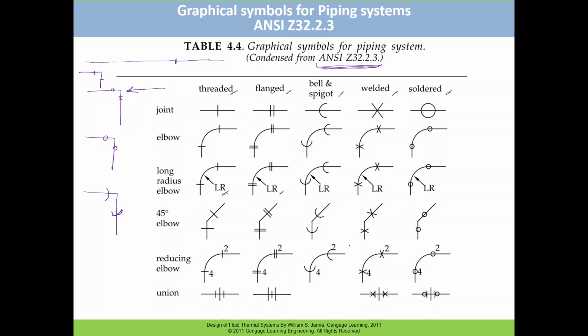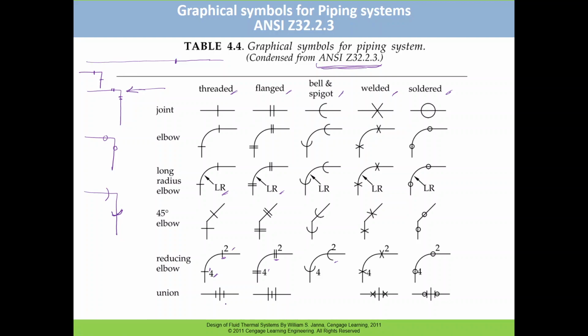This is 45-degree, and this is again 90-degree, but this is a reducing bend. So it is reducing the diameter, from higher diameter to lower diameter. So it is a bend, but it is reducing. This number indicates that it is reducing, and this line indicates what kind of joint it is. So this is flanged, and this is ball and spigot, and so on.